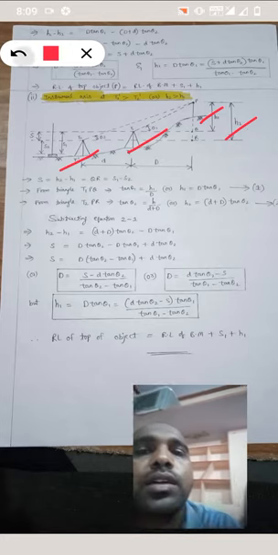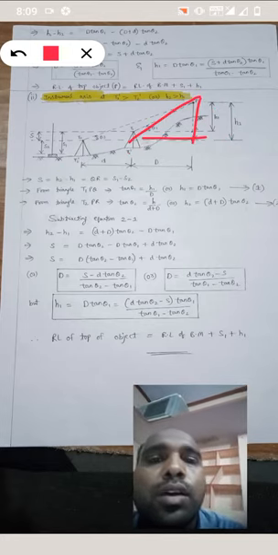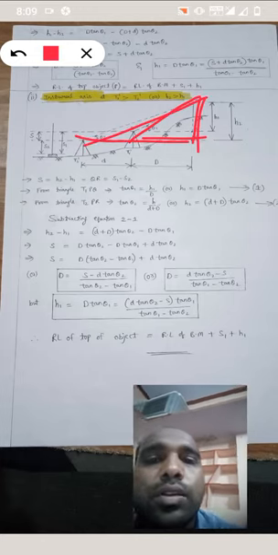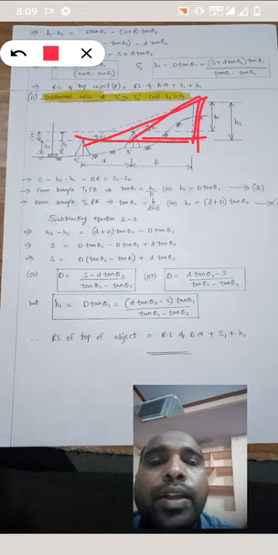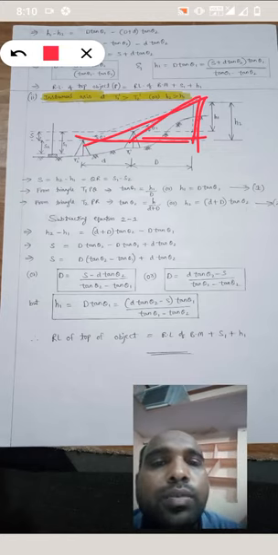From triangle T1 PQ, and the next triangle T2 PR, two triangles. From tan theta equal to opposite by hypotenuse, we will get H1 equal to D tan theta 1. Next, the second triangle. Similarly, H2 we will get.